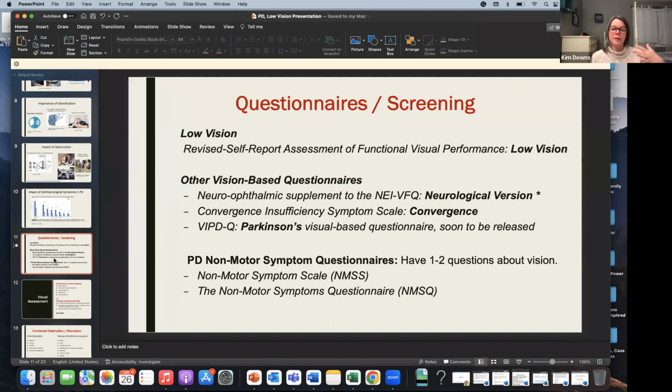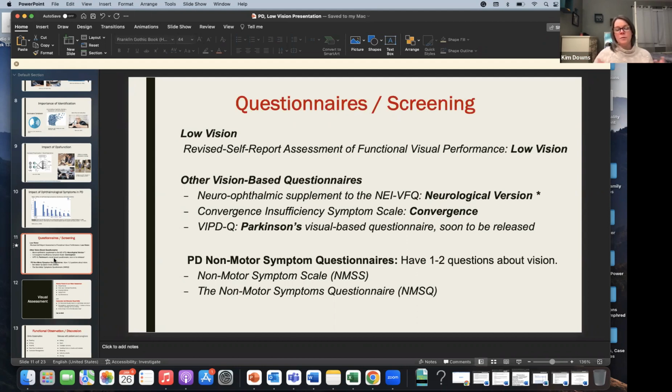It's a questionnaire that can start in the doctor's office and also be used by therapists to help make sure that all the proper services are being referred for. There are also PD specific questionnaires that have a couple of questions that help pick out visual issues.